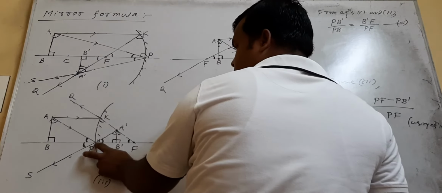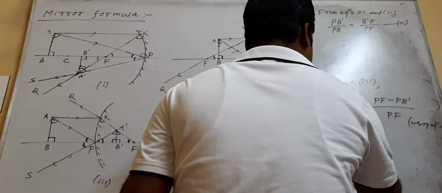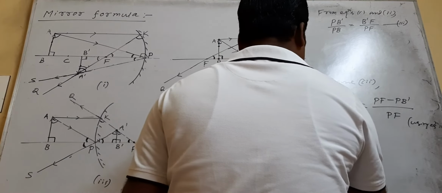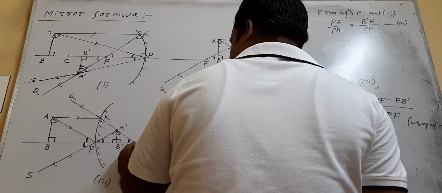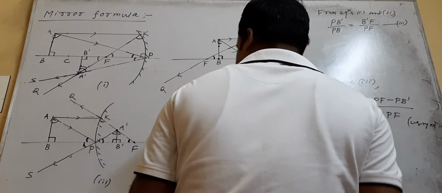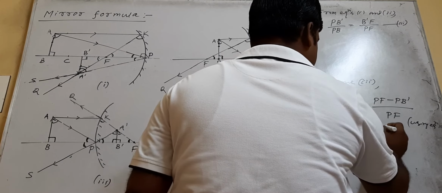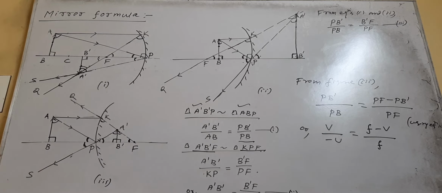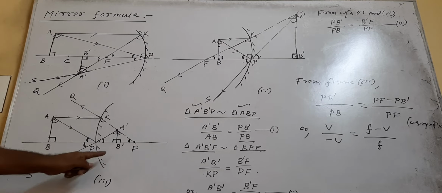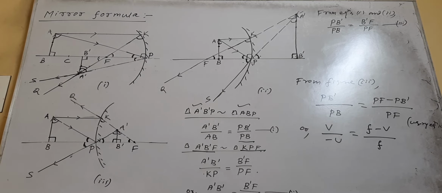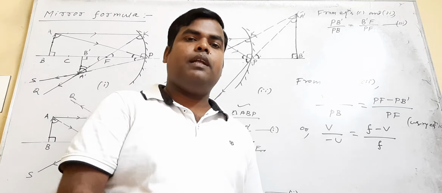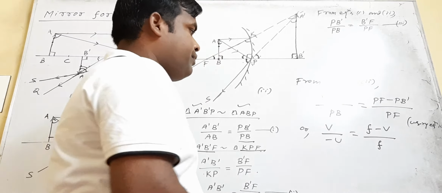You see PB' is right of the pole, it is plus V, and PP is left of the pole, it is minus U, and PF is right of the pole, it is plus F, and PP' is plus V by plus F. So here one conclusion you got: for the convex mirror, as the focus is right of the pole, the focal length is positive. So you remember, for the concave mirror you take the focal length negative, and for the convex mirror you take the focal length positive.